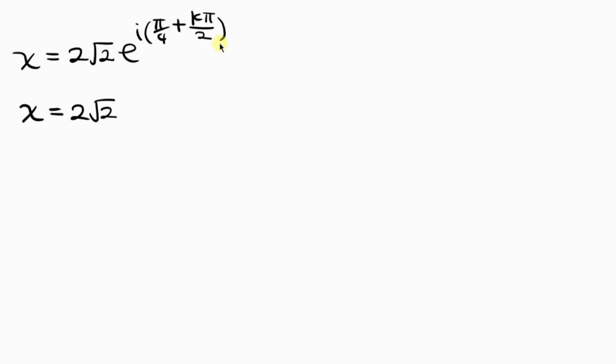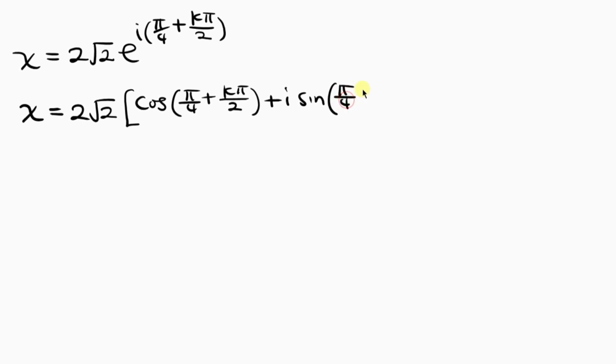Now writing this expression in terms of cosine and sine, it will be cos of what is inside the bracket, which is pi over 4 plus k pi all over 2, plus i sine of what is inside the bracket, pi over 4 plus k pi all over 2.